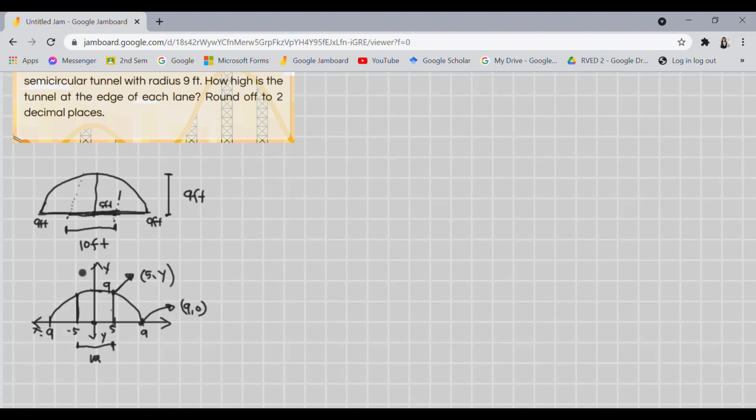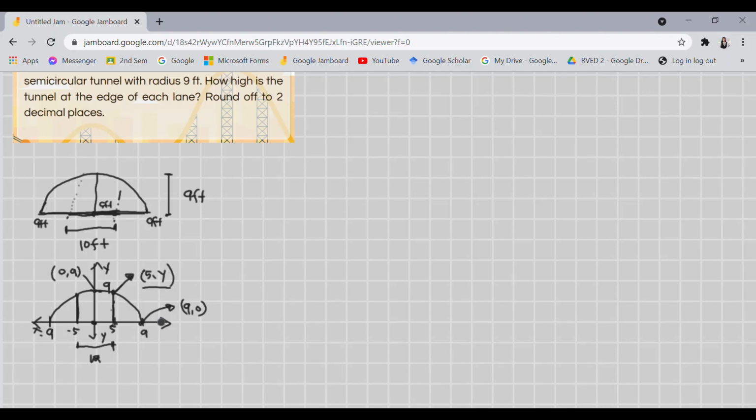If I ask you this point, this is 0, 9. So, nagko-coordinate lang tayo with regards sa direction in the circle. Now, since ang pinakagagamitin natin in the problem is this point, itong point na nagtatouch dun sa katapat mismo ng edge ng lane, you'll identify a certain coordinate for that point. So, that is 5, y.